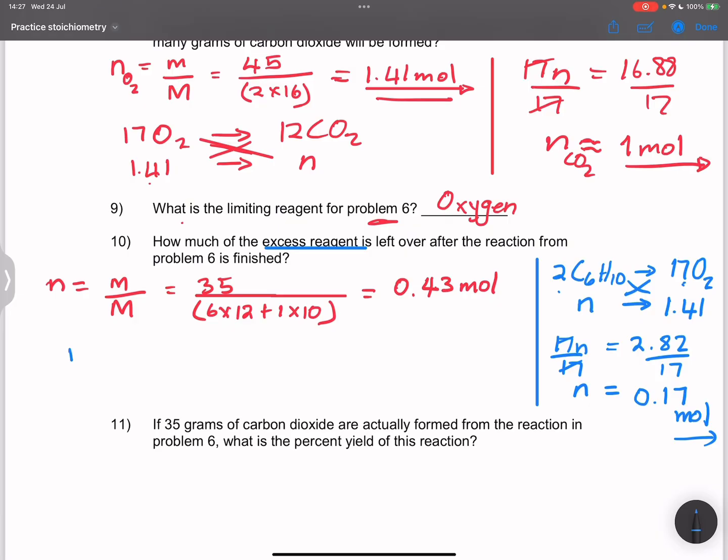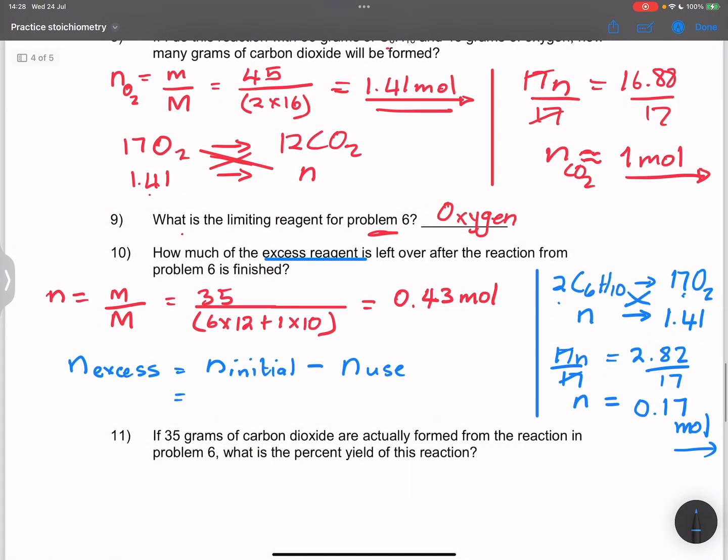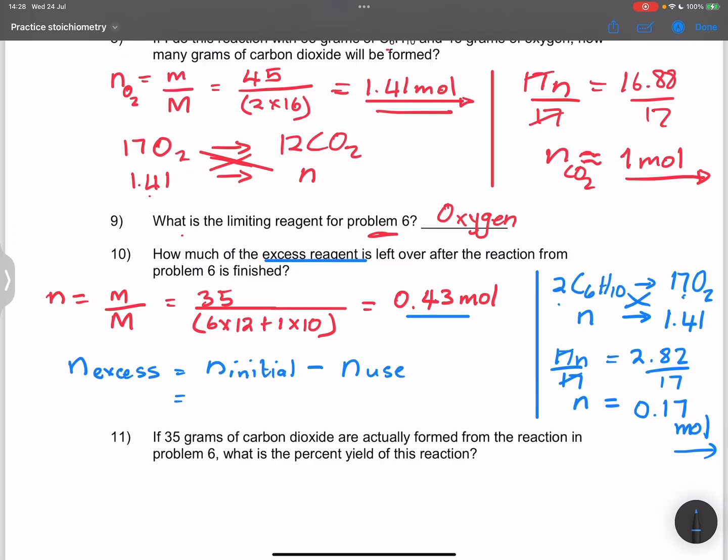Now we say the number of moles in excess would be determined by the initial moles minus the number of moles that we use. So how many did we start with? For hexane, remember we found the number of moles to be 0.43. So that's what's given to us, minus the ones that we use. How many did we use?